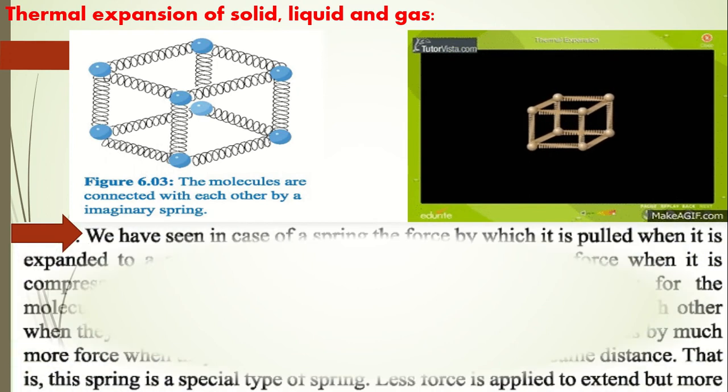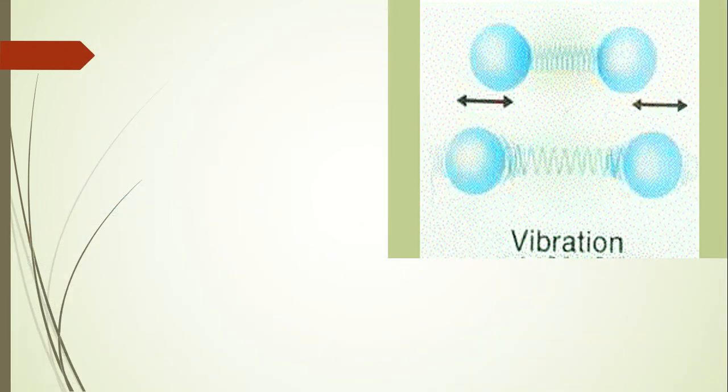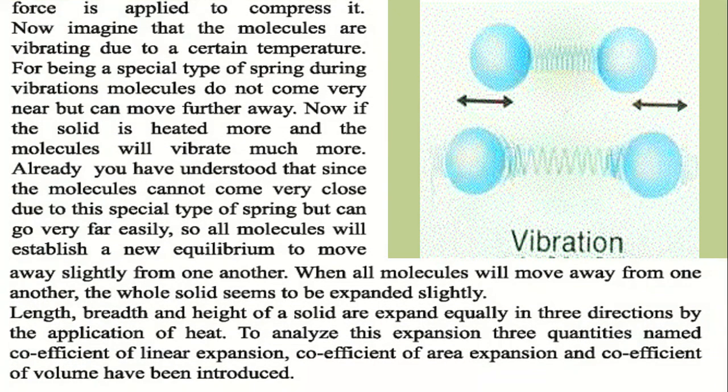Now imagine that the molecules are vibrating due to a certain temperature. Being a special type of spring, during vibration, molecules do not come very near but can move further away. Now, if the solid is heated more, the molecules will vibrate much more.